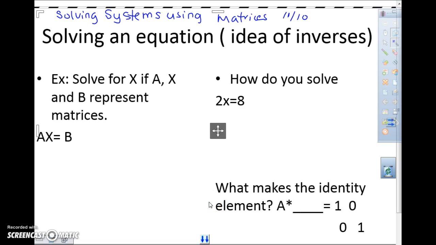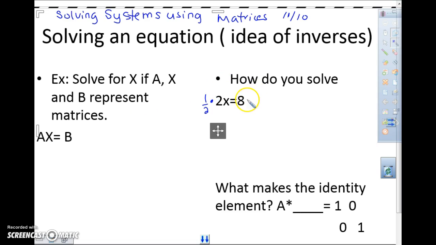The opposite or the inverse of multiplication is to divide, correct? Now in matrices, we can't really divide matrices. So instead of saying divide it by 2, what we're really doing is multiplying by 1/2, because 2 and 1/2 are multiplicative inverses of each other. They make 1, the identity element of multiplication.